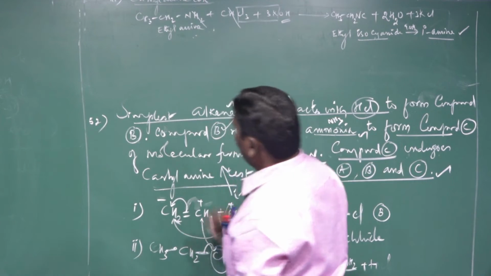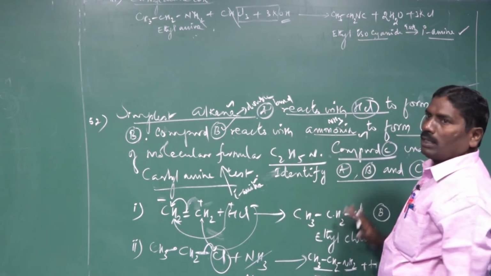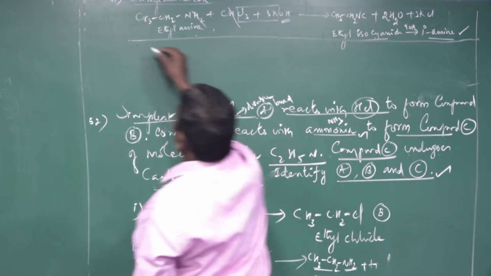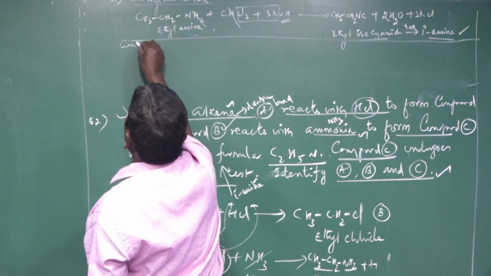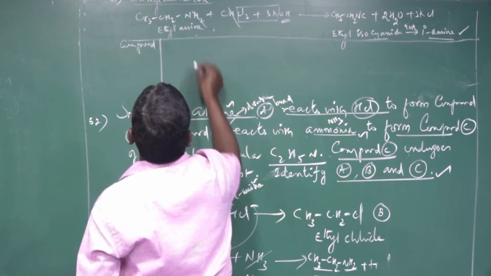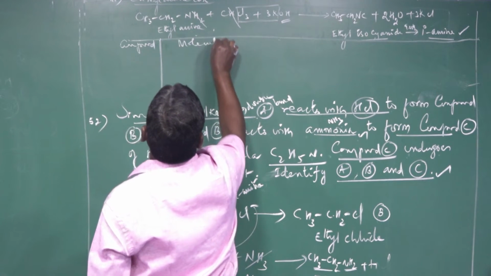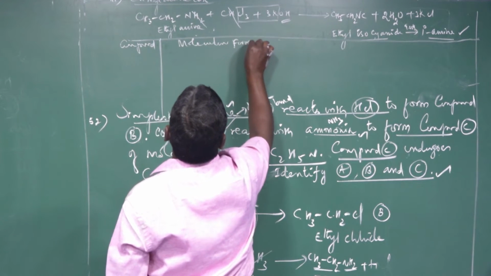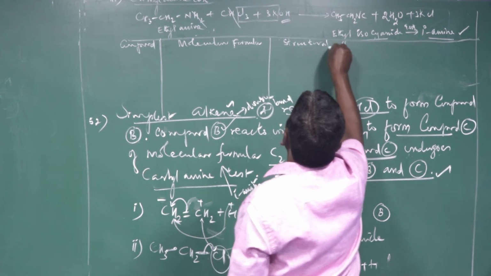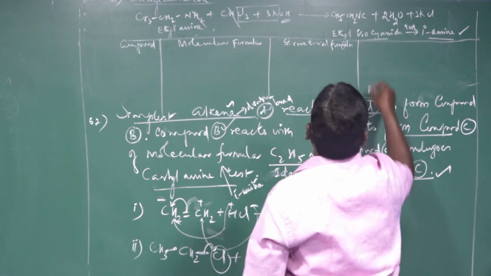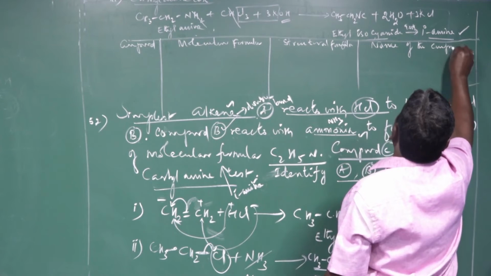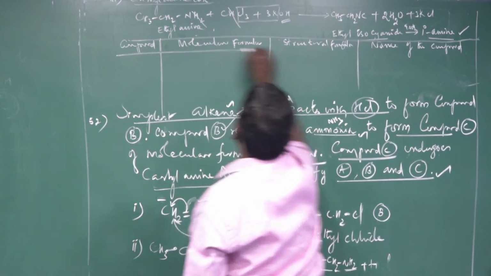Next we are going to see what is compound A, compound B, and compound C, which we have to tabulate. You write the tabular columns: compounds, molecular formula, structural formula, and name of the compound.